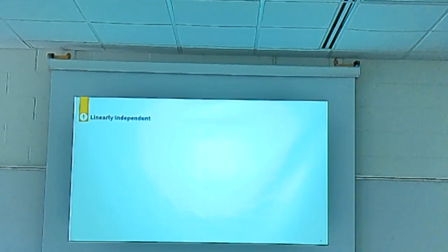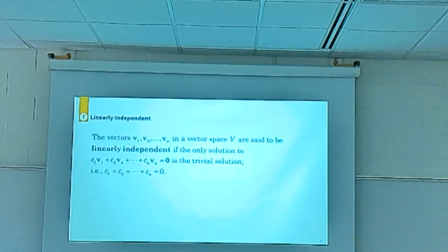For this purpose, we define what it means for a set to be linearly independent. And it's just that the system has only the trivial solution. Is this different than the linear independence that we study with matrices, or is this the same thing? Same thing.